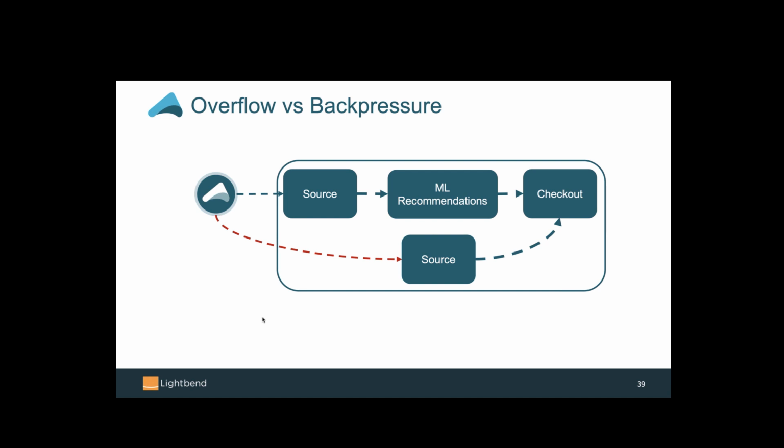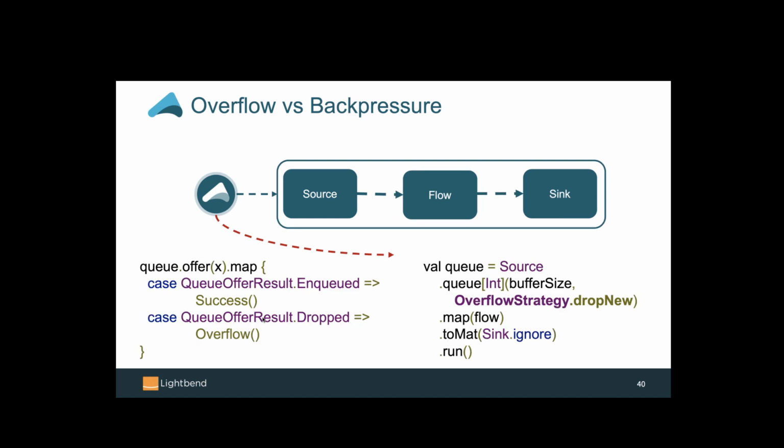And to implement this, it normally would be an extremely complex pattern, but using this offer and Akka Streams, it's extremely simple. I'm able to put all of the code that you would need to do this on this slide right here. The biggest difference, you can see on the right side, is the overflow strategy: instead of backpressure, it's drop new.